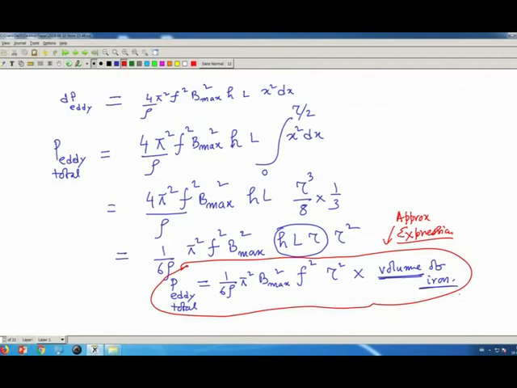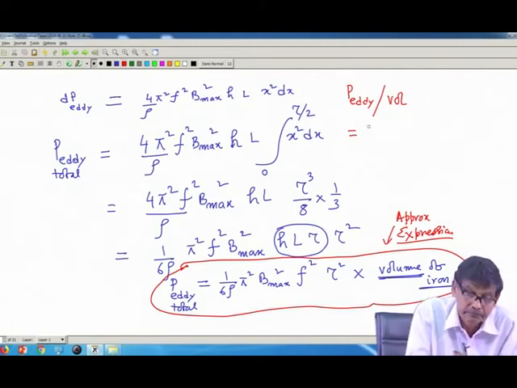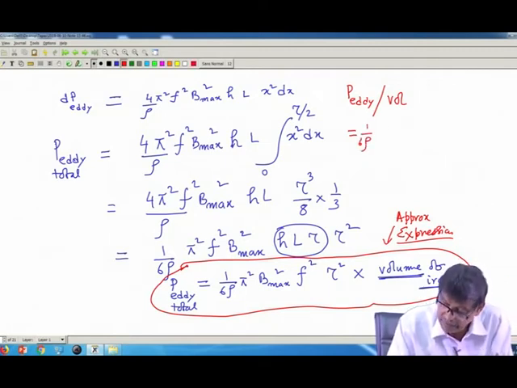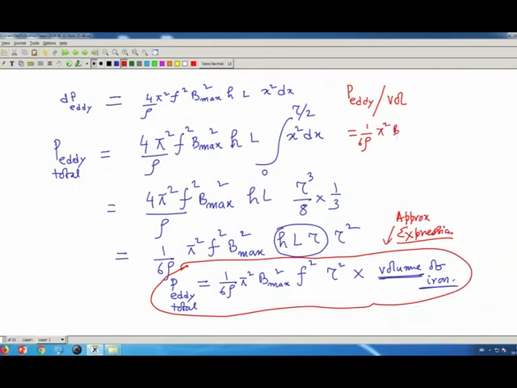So, better write P eddy, power loss per unit volume, is equal to 1 by 6 rho pi square B max square f square tau square, in watt per unit volume.